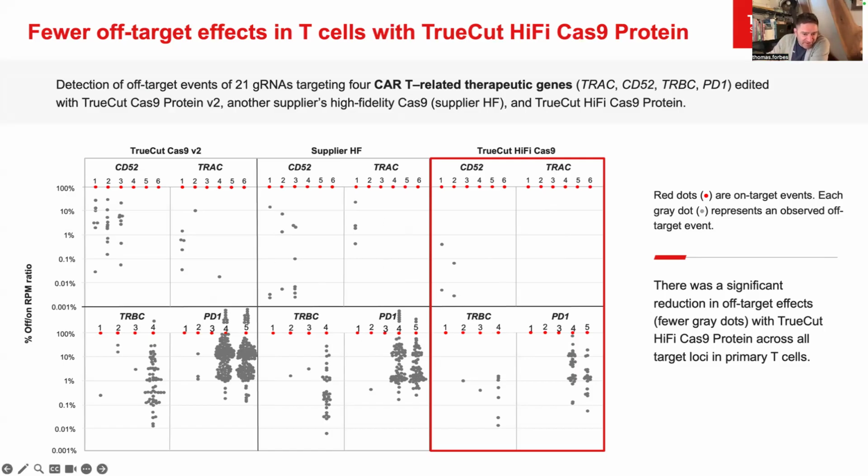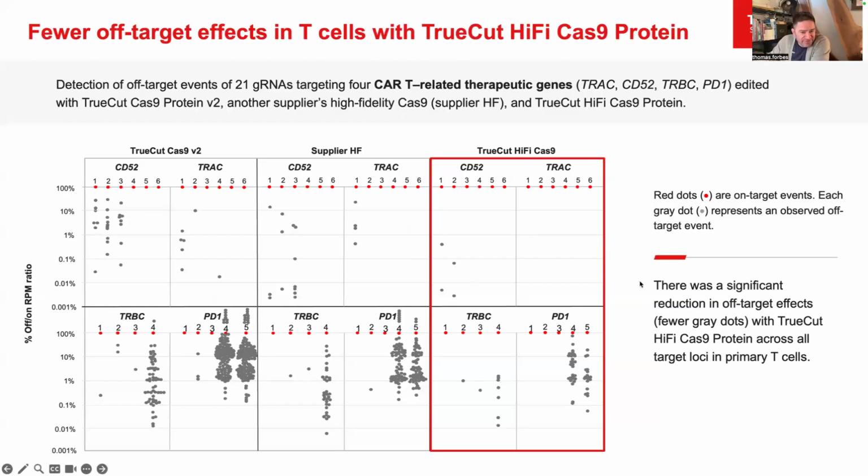In these dot plot graphs here, the red dots represent on-target events, and each gray dot represents an observed off-target event. The dot plot, it's a little complicated here, is based on a ratio of their off-target RPM, or reads per million, over their on-target RPM. So the higher the percent ratio, the more likely the off-target events are to occur.